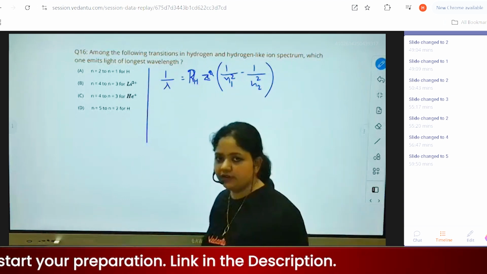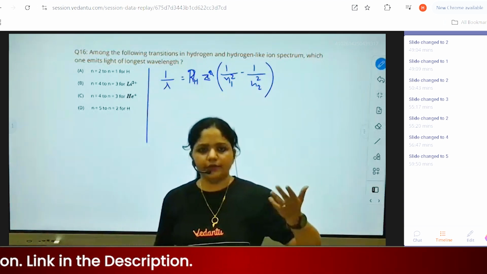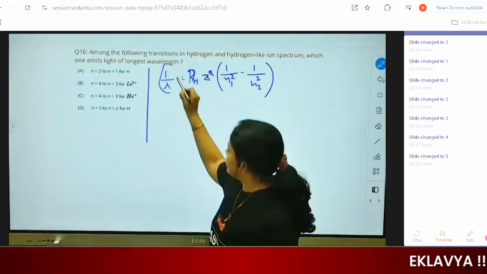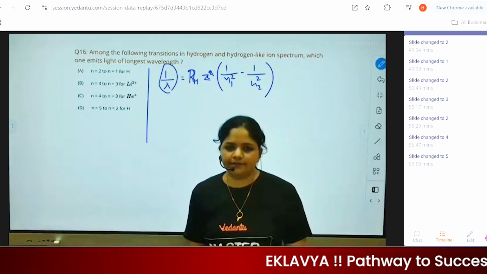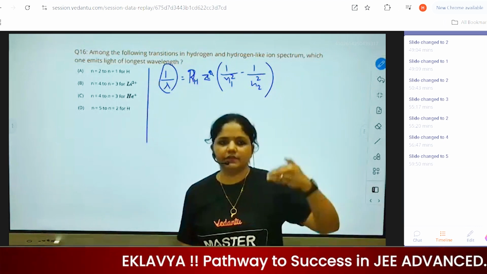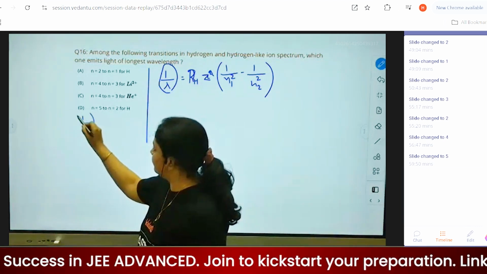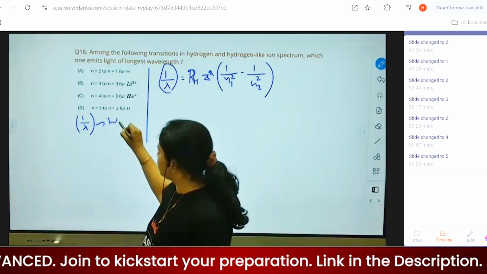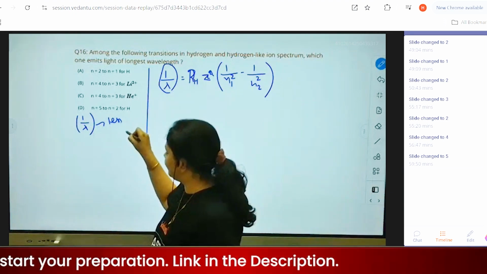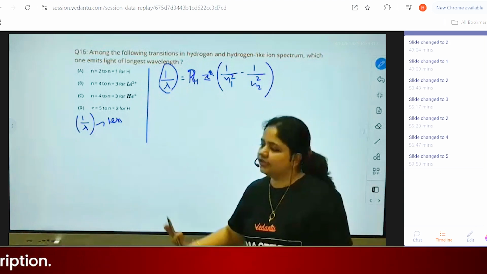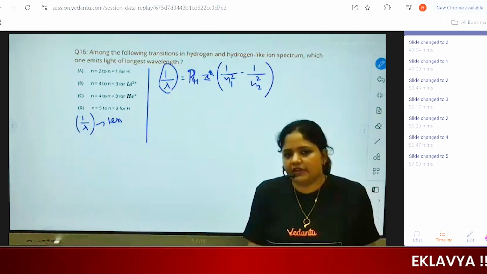N1 is the lower energy state and N2 is the higher energy state. Whichever has the longest wavelength should have the least 1 by lambda. So we have to calculate for each one of them and decide.